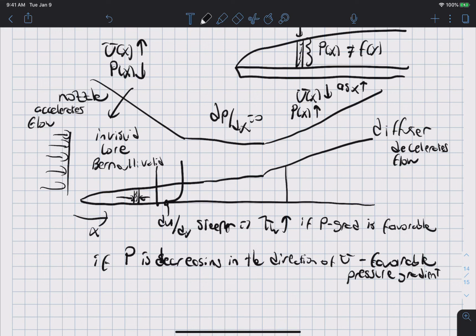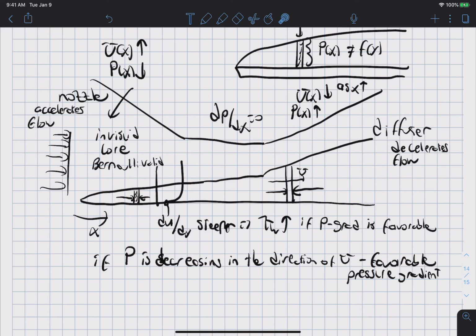And if we think of this thin strip here, now what happens is we have a higher pressure on the right side than we do on the left, but yet the flow, U, is going that way. So then what happens is basically now the pressure gradient is fighting the flow in the boundary layer. Whereas over here, the pressure was assisting the flow in the boundary layer.